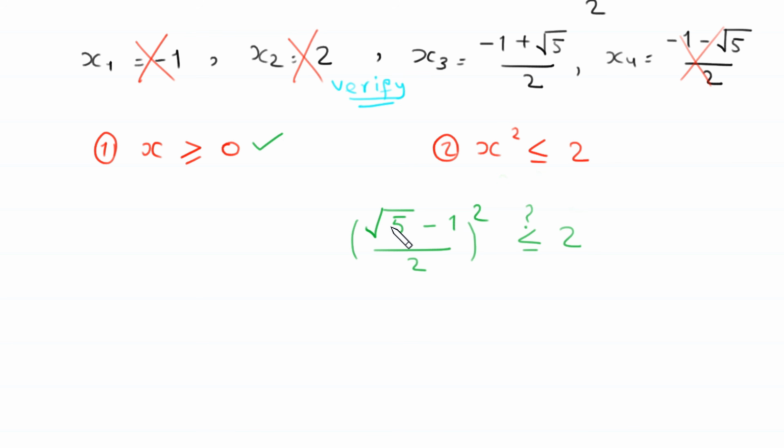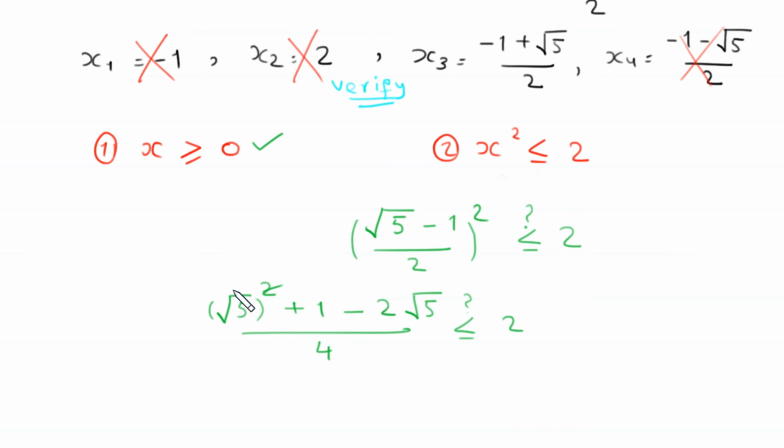Now the square root of 5 minus 1, whole squared, is equal to square root of 5 squared plus 1 minus 2 times square root of 5, divided by 2 squared, which is 4. Is it less than or equal to 2?